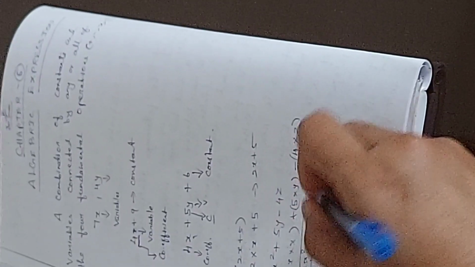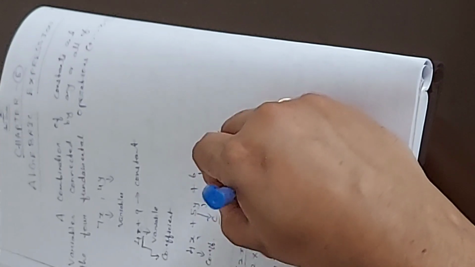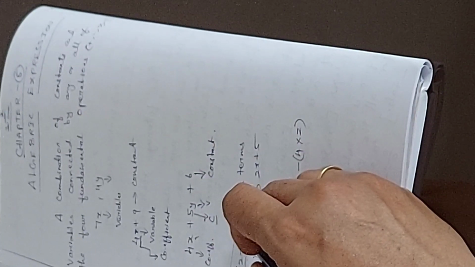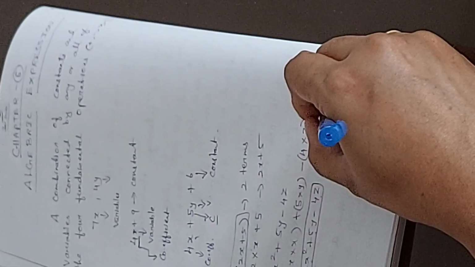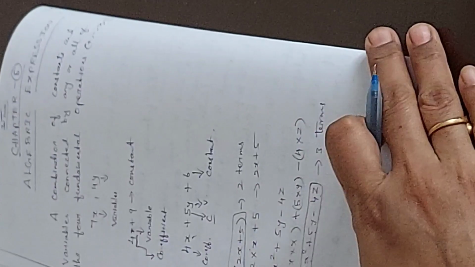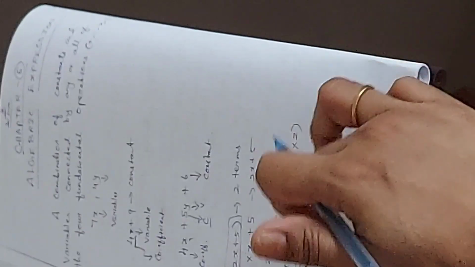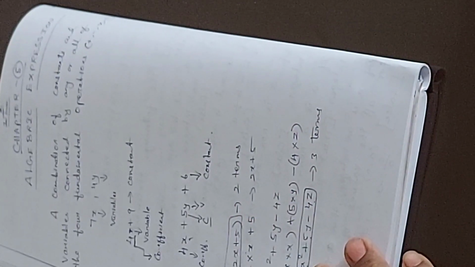So we have three terms. See, in 2x plus 5, we have two terms, right? 2x is one term and 5 constant is another term. Like that we can form any number of terms using variables and constants. These are all called algebraic expressions.